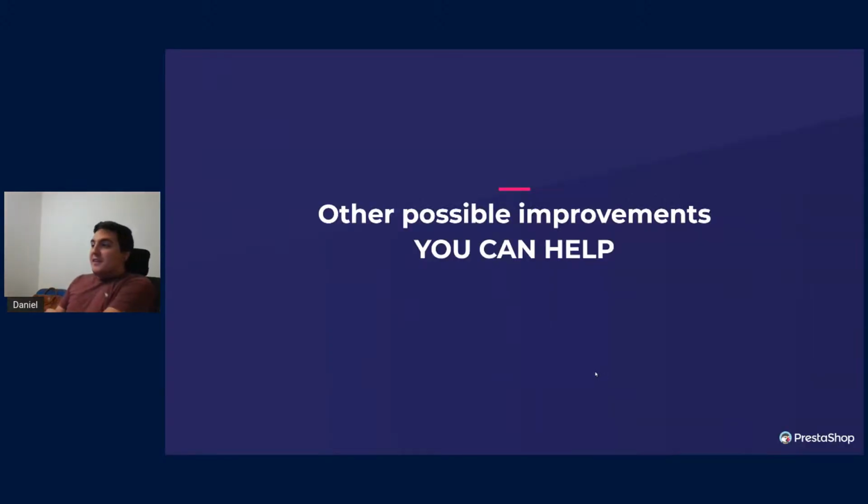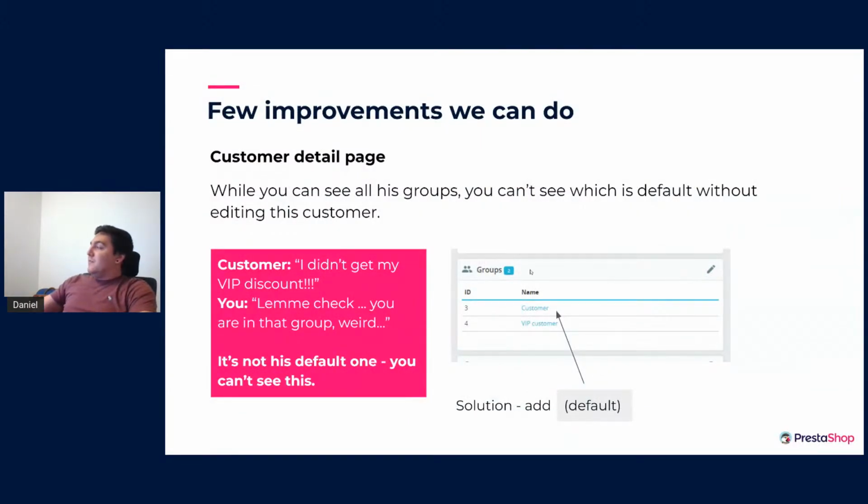There are some improvements I thought of when making this presentation. I think it could be a good first issue. So if somebody wants to contribute and help with making this project awesome, you can maybe start with this. Sometimes when you open the customer detail page, there's a group box on the right side, but there is no designation of which of the groups is default unless you click edit on the customer page.